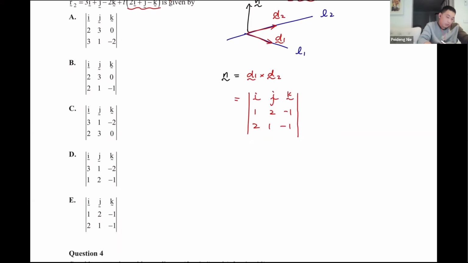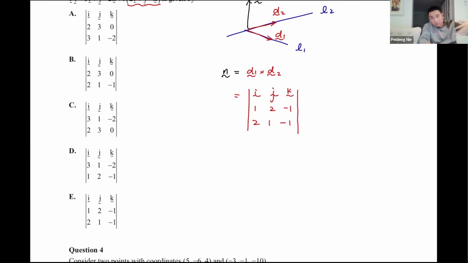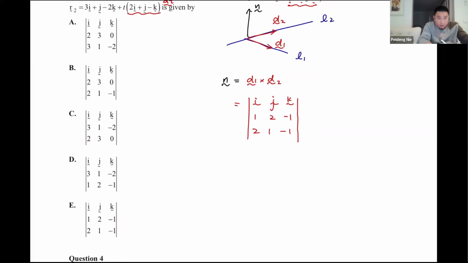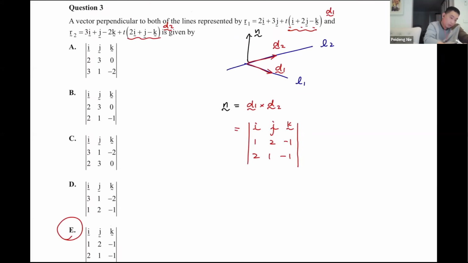Skimming through the available options, which one is the best choice? Option E. Notice that it is also possible to switch these two rows, but we don't have another option like that amongst the 5 available ones. So I can only choose E.